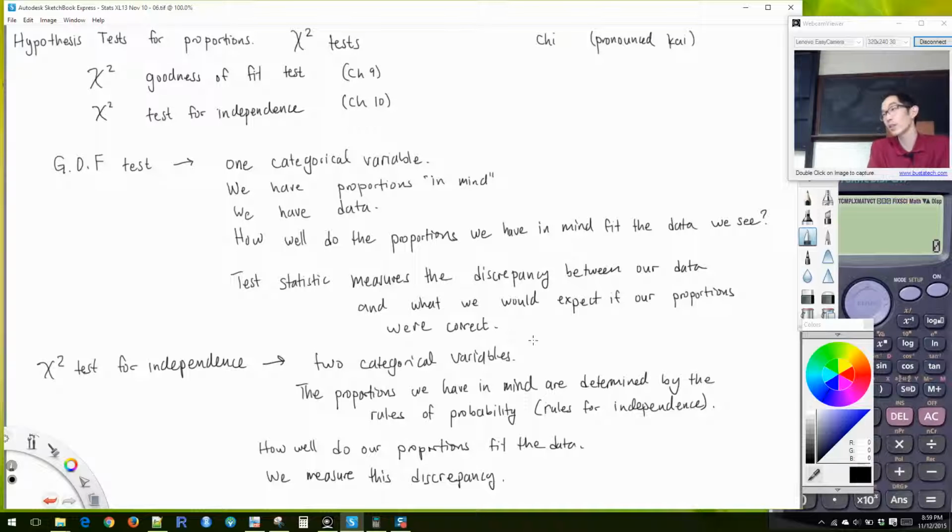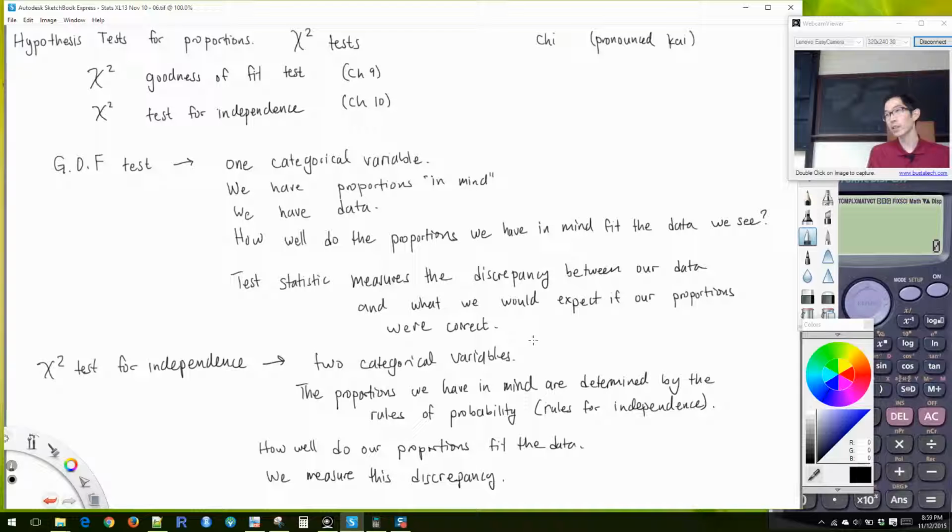That's not exactly half and half, but is that discrepancy big? Not really. So the discrepancy is small, and we'll do all the math behind this, but you have no reason to doubt the claim of half female, half male.